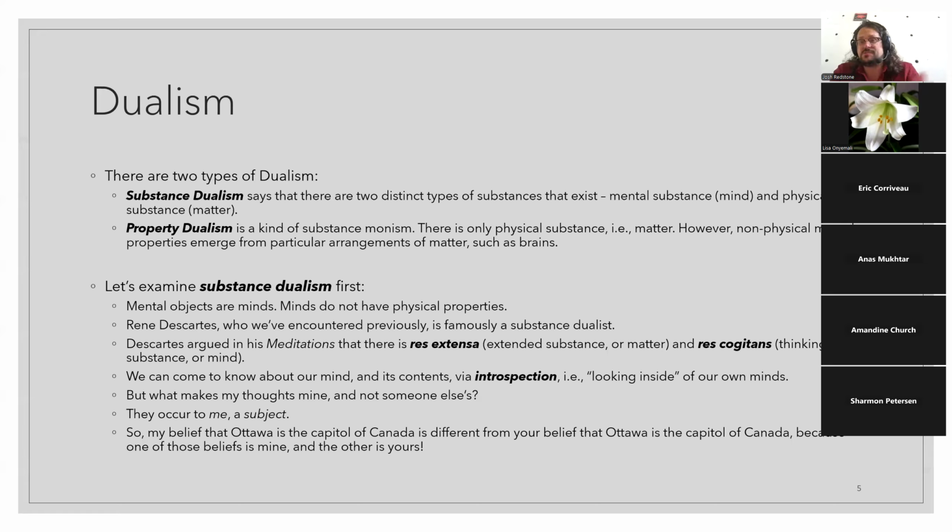It's extended in space and through time. So it's what we would call a physical object today. But that's quite different from res cogitans, which is Latin for thinking substance or mind. So substance dualism, at least Descartes' version, says that there are these two types of substances. There are other kinds.